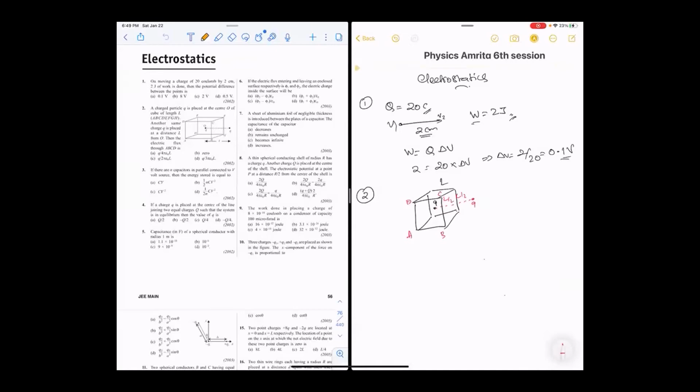So how to do it, guys? We have one charge inside, the other charge is outside. Electric flux is due to the net electric field lines going through it.